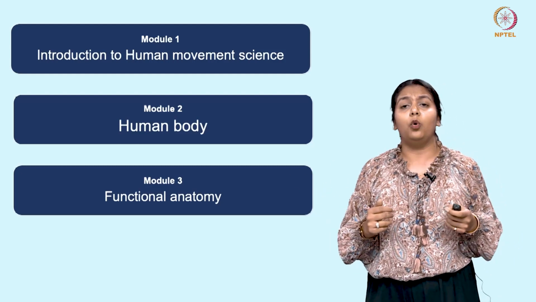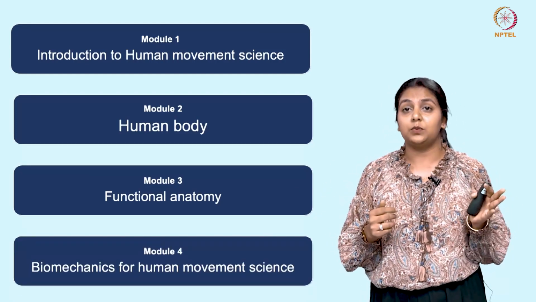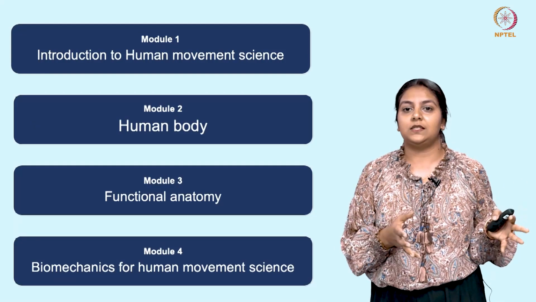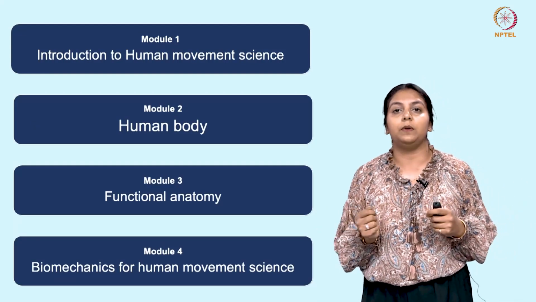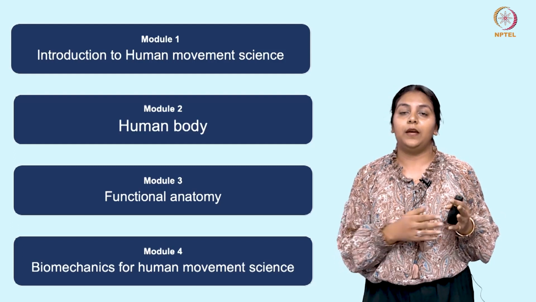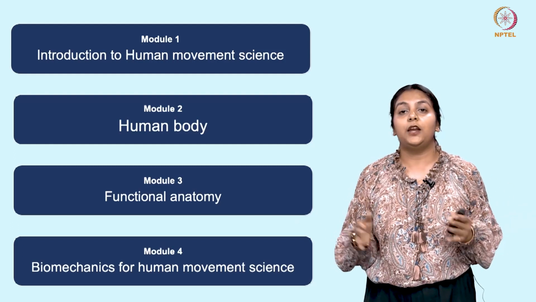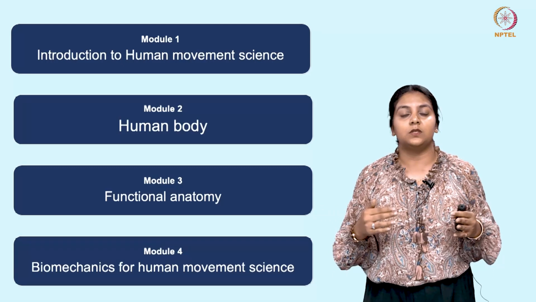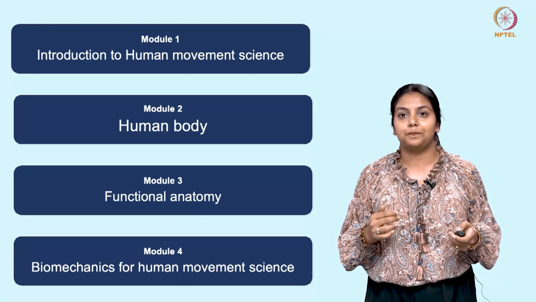In Module 4, we'll be looking at biomechanics, which is an area of study within itself for human movement science. We'll be looking at the key roles that biomechanics plays to understand human movement science and the principles within biomechanics. Let's look at each of these modules individually and some of the key learning outcomes that we will be addressing in each of these modules.